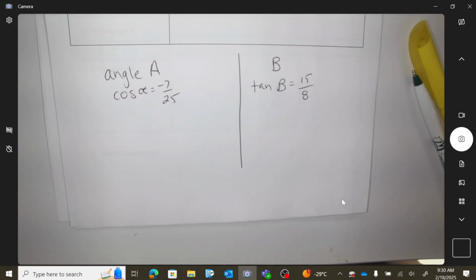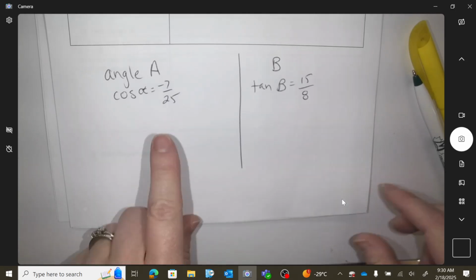So I'm working on the bottom to give myself a bunch of room for my work. Okay, it says that both of my angles are in the same quadrant. So I have 2 angles. There's this A angle, there's this B angle. They're both in the same quadrant.